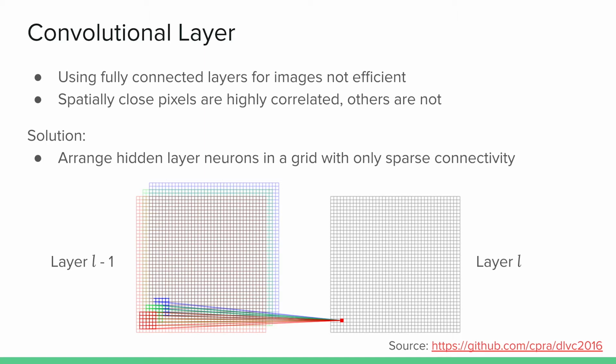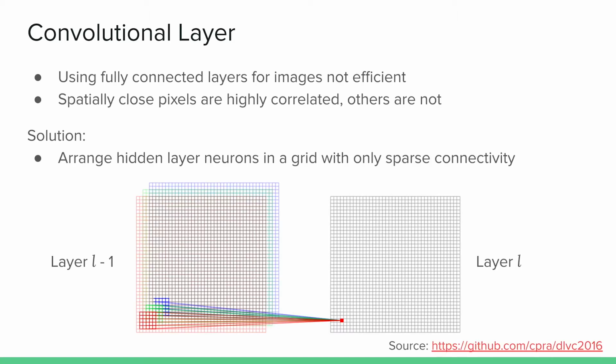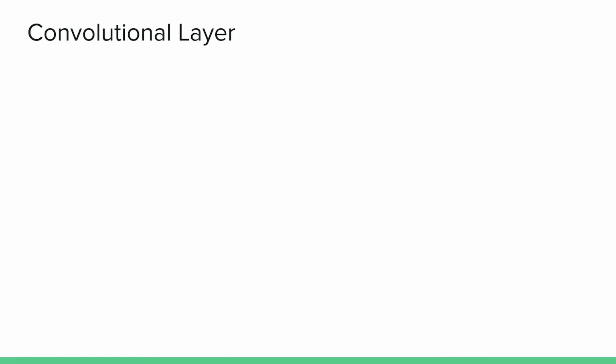And these 3 by 5 by 5 pixels would be our input for this one neuron at the next layer. And one more thing to add here: this grid can typically be a 3 by 3, 5 by 5, or a 7 by 7 grid.